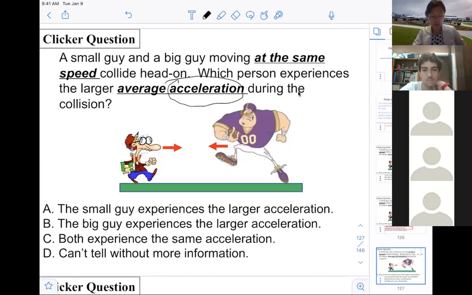Everything stayed the same, except I'm now asking who experienced a bigger acceleration during the collision. Now we're talking about the horizontal direction, of course, because gravity and normal force in the vertical direction are balanced for both of them.